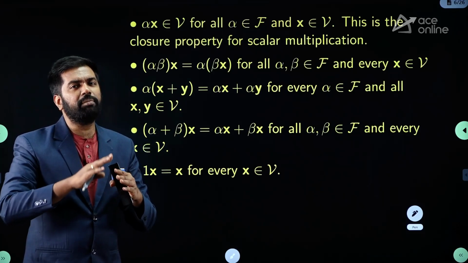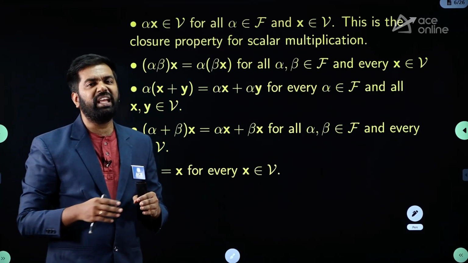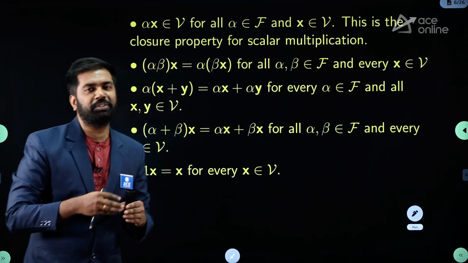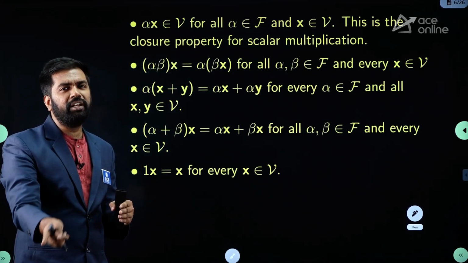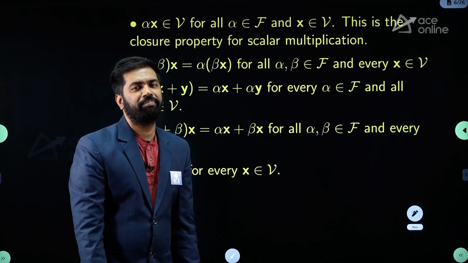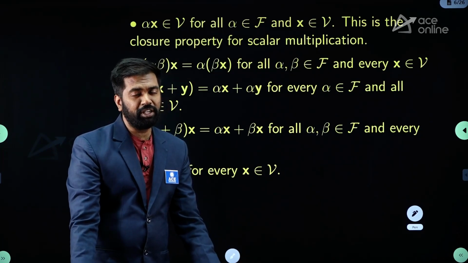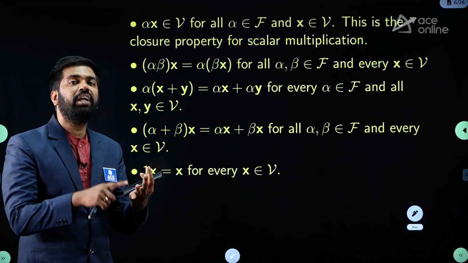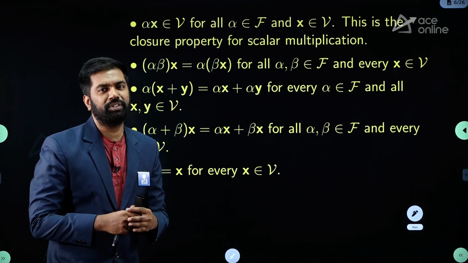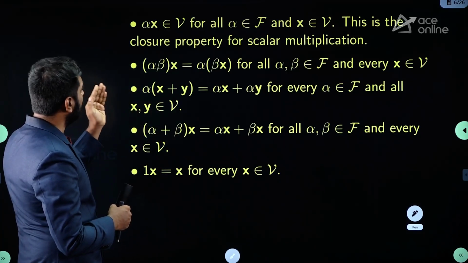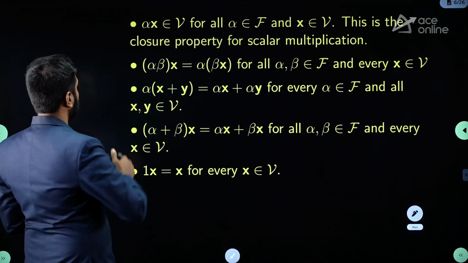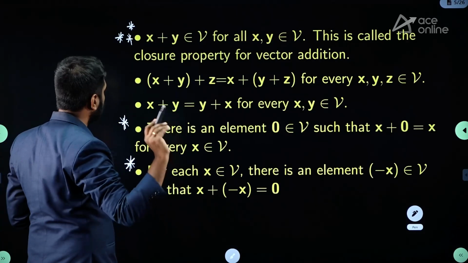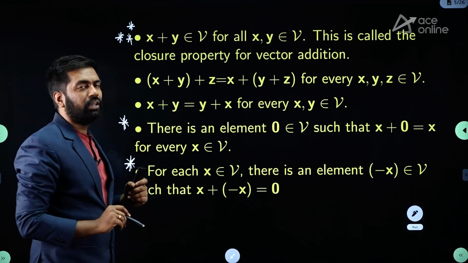Let's say that scalar is alpha, and let's take a vector x from V. Now you multiply them and get a new vector alpha x. If x is a part of V, then alpha x should also be part of V, where x belongs to V and alpha belongs to the set of real numbers. This is also one of the important things, but so far whatever questions they have asked can be easily solved with these conditions.